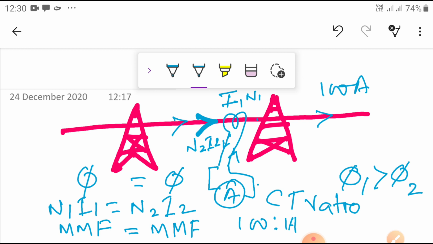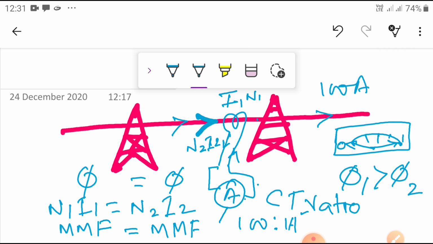Okay. So this is the current ammeter. Once 1 ampere is flowing through this ammeter, it indicates full scale deflection, from this point to this point. Whenever the current flows from 0 to 1 ampere, it shows the full scale deflection.